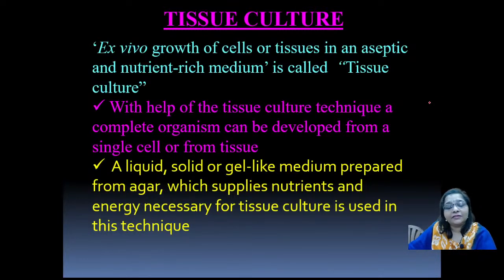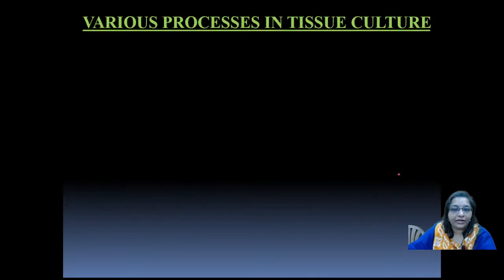This tissue culture was implemented by using a liquid or solid or gel-like nutrient medium which is prepared from agar and supplies all the nutrients and energy for the tissue being used in this technique. Which is very, very important.